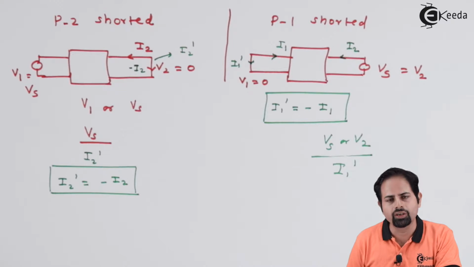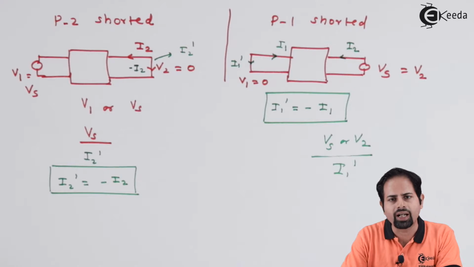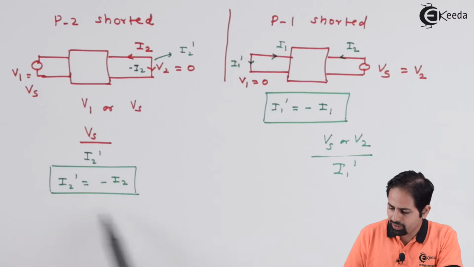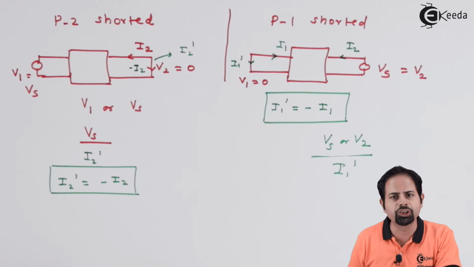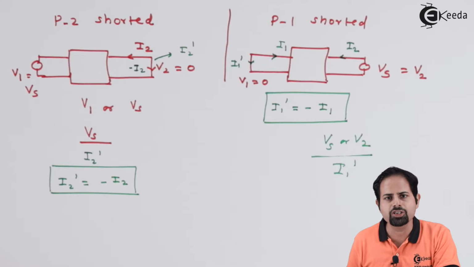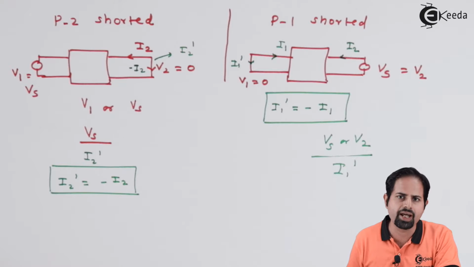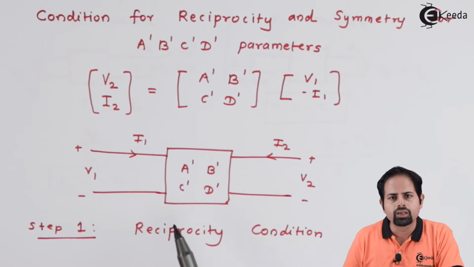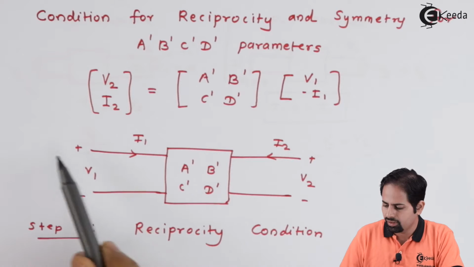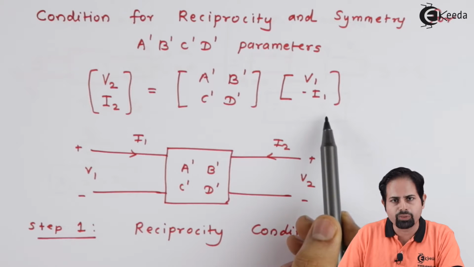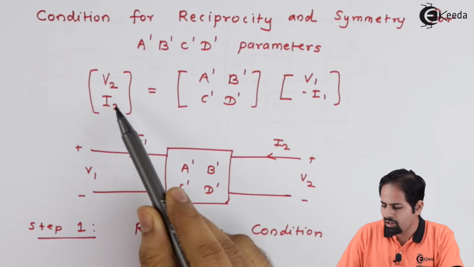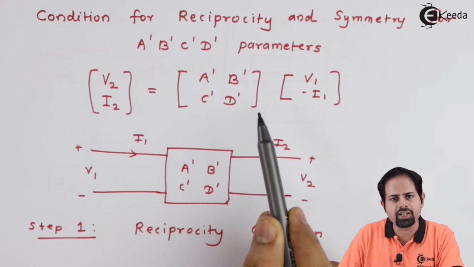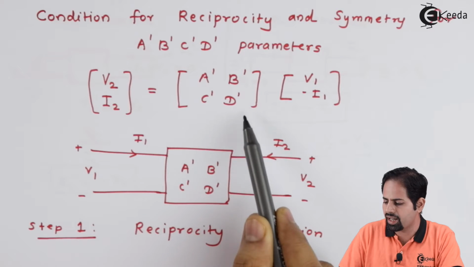So let's solve it. Now how to solve it? For that, whatever conditions that we have obtained here, these are to be substituted in A dash, B dash, C dash, D dash parameter equations. These equations can be obtained from this matrix, because when we expand this matrix, we will get equations for A dash, B dash, C dash and D dash parameters.